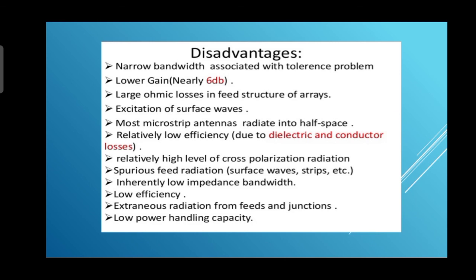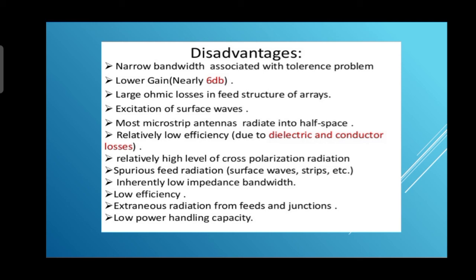While its disadvantages: it has narrow bandwidth associated with tolerance problems, lower gain of nearly 6 decibels, large ohmic losses in the feed structure of arrays, excitation of surface waves, and most microstrip antennas radiate into half space.